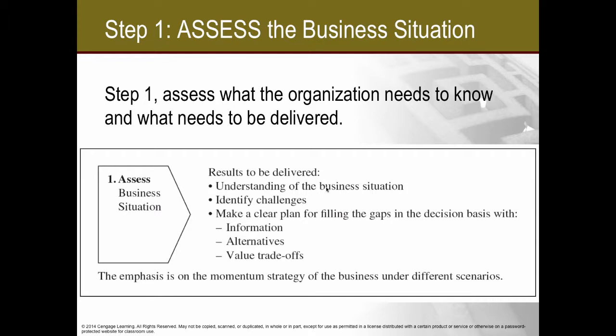Making a clear plan for filling the gap in the decision basis with some information, alternatives, and value trade-offs. So basically, once we identify challenges and once we have the alternatives, we should know how much information is needed and what kind of alternatives we have, and for each alternative, what sort of value trade-off we are having.